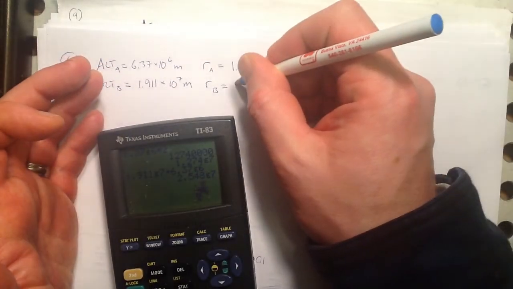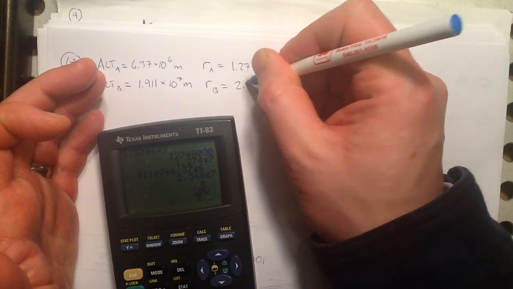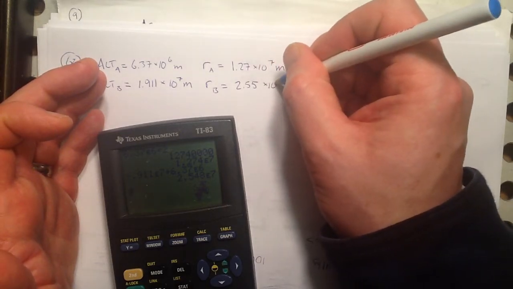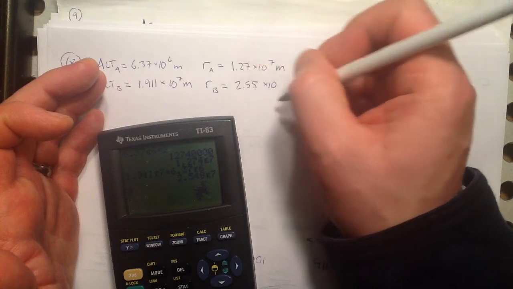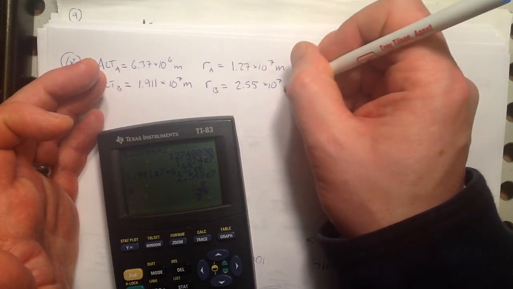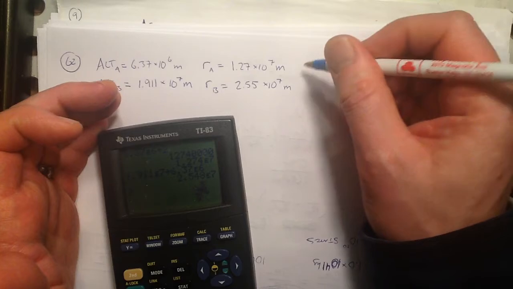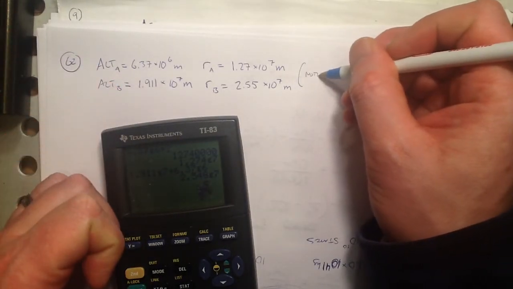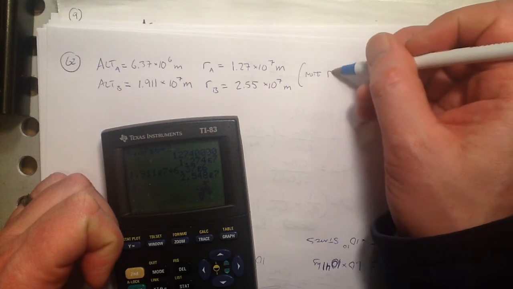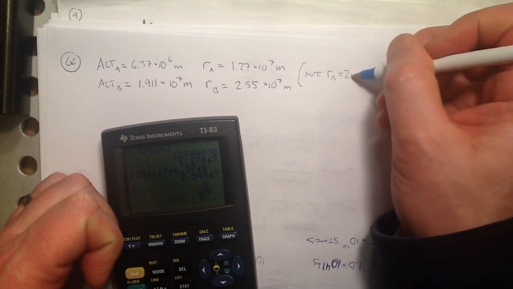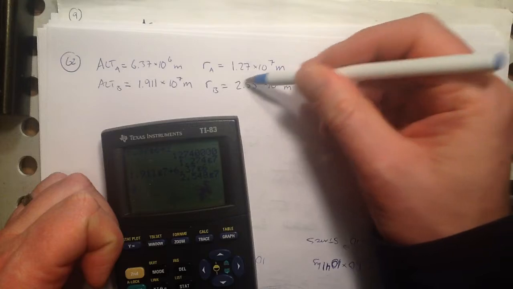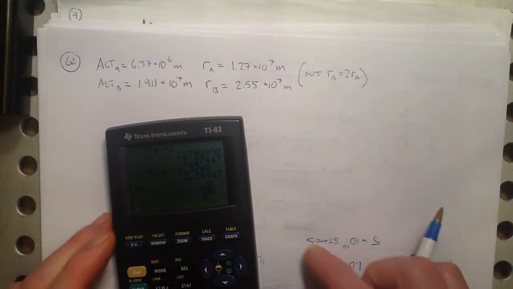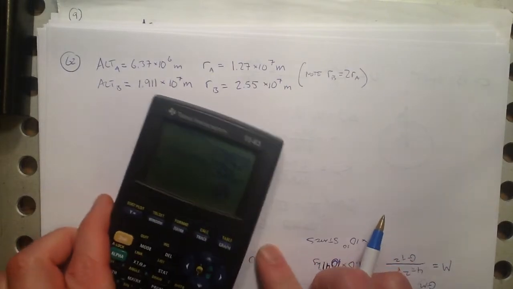It gives me an orbital radius, in other words, distance from the center of the Earth, of looks about twice that. So whether you notice this or not, I'm going to note that RB is equal to 2 times RA. Looks like that radius is exactly twice this one, so they've set this problem up so that's true. Maybe we can learn something from that.